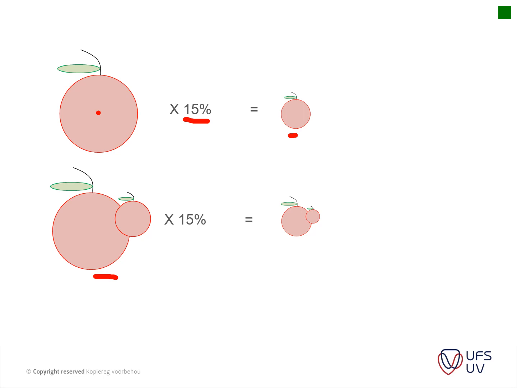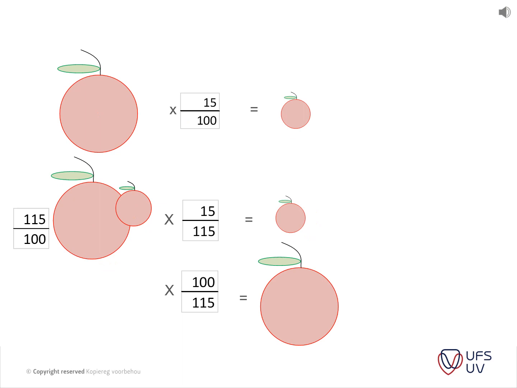So your amount is the original amount plus the 15%, and thus if you times this with 15%, you end up with 15% plus your original amount that you times it with. So you're not ending up with only the 15%. This item already includes 15%, so if you times it with 15% again, you include this little 15% already in the calculation. So let me just go to the next slide.